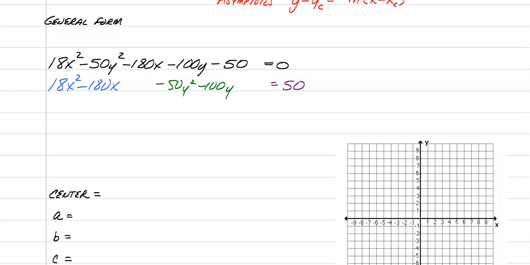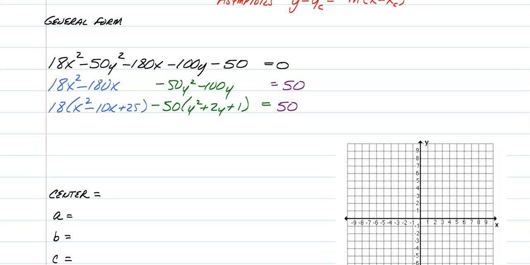Make sure you factor out the GCF of each, so this becomes 18. Then we have our x squared minus 10x. Half of 10 is 5, squared is 25. Then we're going to factor out our negative 50, which means this is going to turn into y squared plus 2y. Half of 2 is 1, squared is 1, equals, and then of course we have our 50.